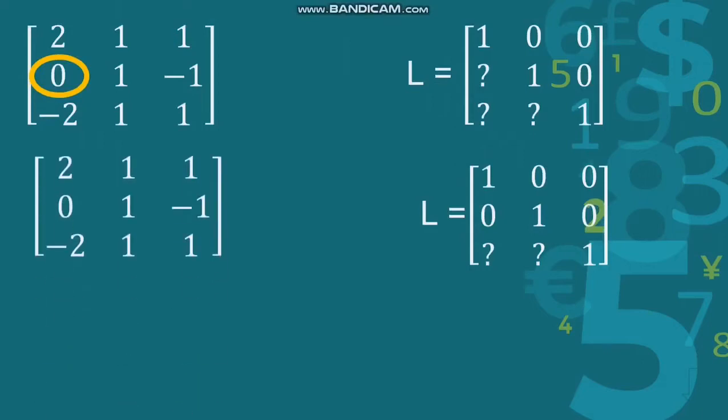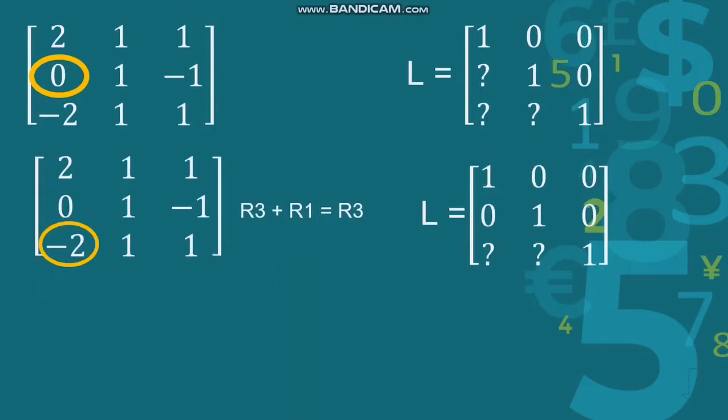Next is what multiple of another row we will add to this row to have this element be 0. So what do you think? We will add row 3 plus row 1, and we will get a new row 3.